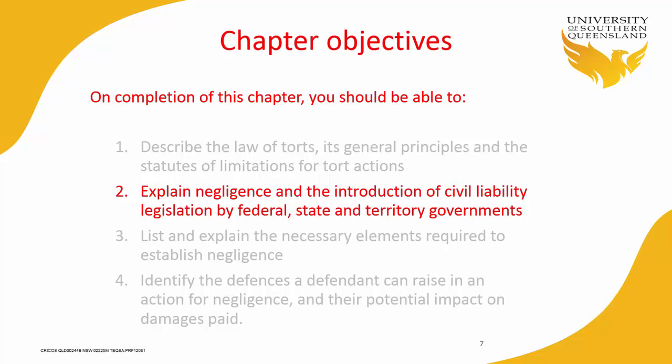Take for example Queensland. In Queensland we have the Limitation of Actions Act of 1974, and here you'll find that negligence has a statutory limitation of 3 years. Now on page 121 it explains that the date on which the time commences to run, that is, the date that the injured party must commence the action, will depend on whether or not the tort is actionable per se without proof of damage.